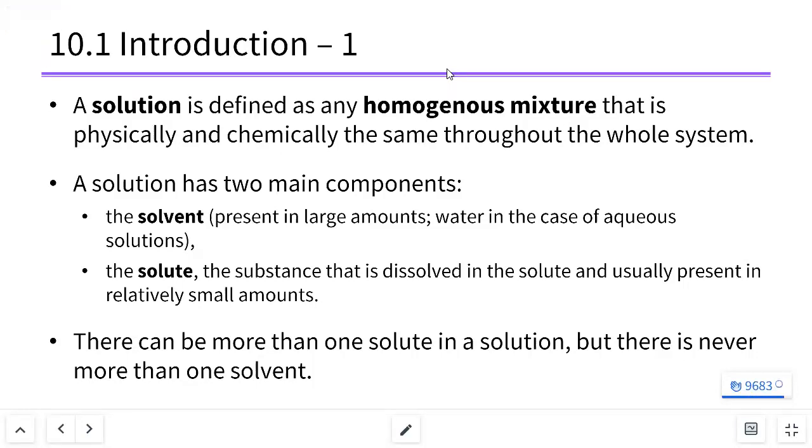So these are the substances that do get dissolved in the process. For aqueous solutions, these could be things like ionic compounds. They could be things like alcohols. They could be things like sugar, salt. Anything that dissolves in water could be considered a solute.